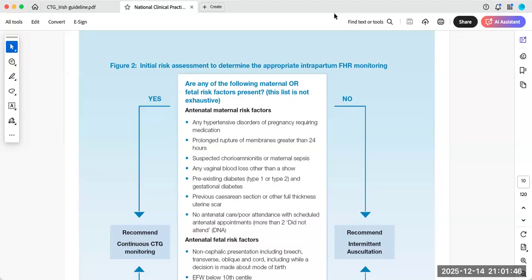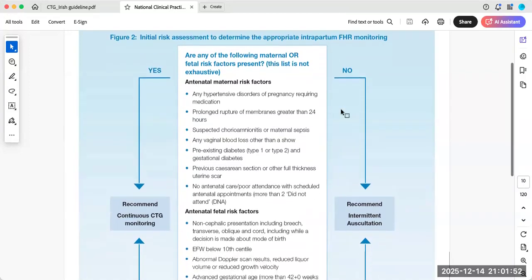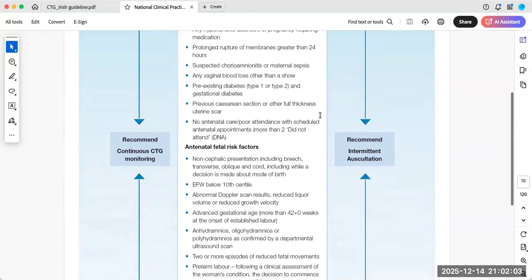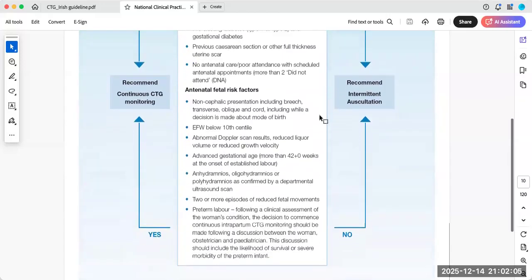And the risk factors, either maternal or antenatal, will be an indication for a CTG, like, for example, a medical condition in the mother, like diabetes, hypertension, sepsis, or some other antenatal risk factor, for example, abnormal presentation or repeated reduced fetal movement, oligohydramnios, or FGR.